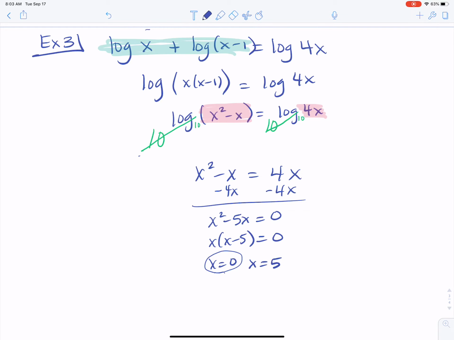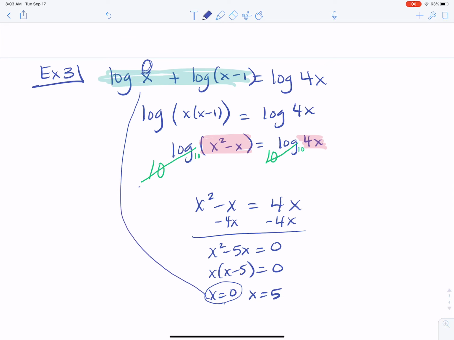You cannot take the log of 0. That was one of the things that we wrote down when we were talking about logs at the very beginning. The argument cannot equal 0, so we toss it out. 5 does not make any of the arguments in the original equal 0, so our only answer is that x equals 5.